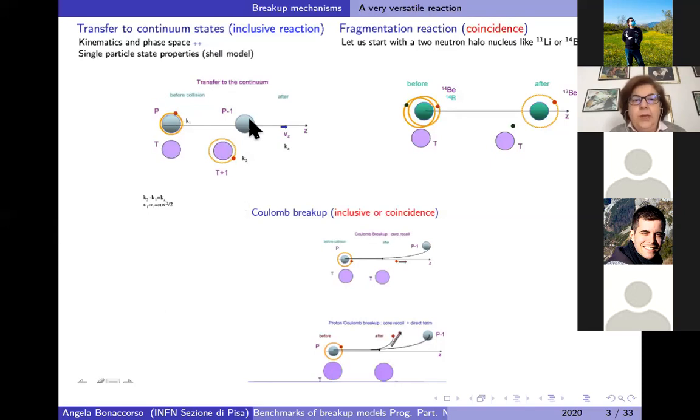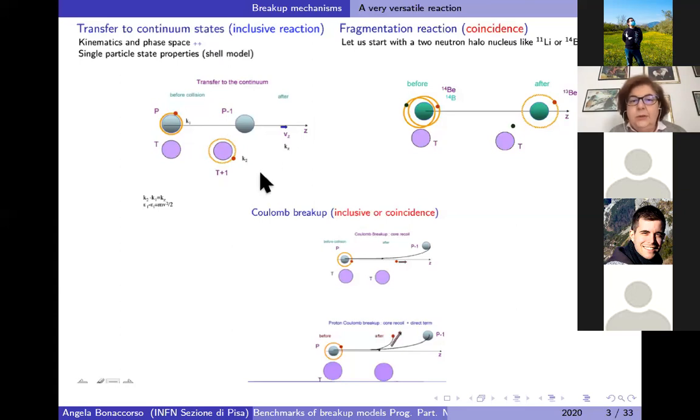So if we are looking at an inclusive type of reaction, then in calculating this, we have to consider all possible interactions of the neutron, for example, the neutron with the target. Now, we are in the continuum, so this neutron is going to be like a free neutron interacting with a nucleus, and obviously, you know that it can have, on one side, elastic scattering, and on the other side, inelastic scattering.